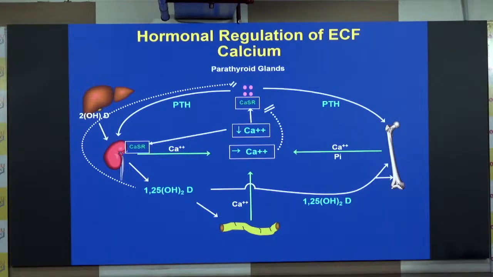The net effect of these actions on bone, on the gut, and on kidney is to restore a normal serum calcium and turn off the signal to the calcium sensing receptor so that no further increase in PTH, parathyroid hormone, occurs.